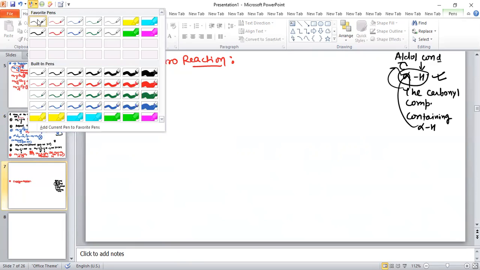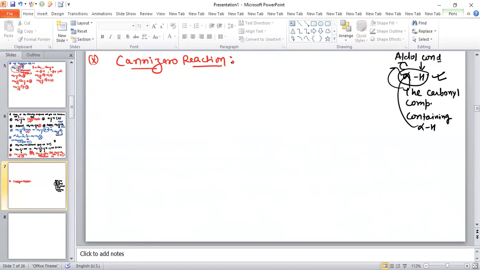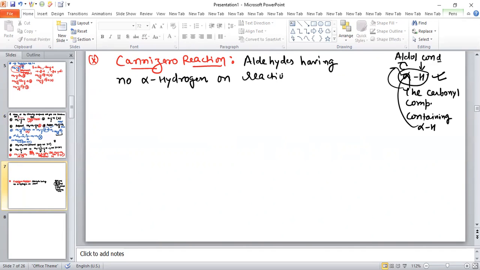So you can write this as: aldehydes having no alpha hydrogen, on reaction with concentrated alkali.